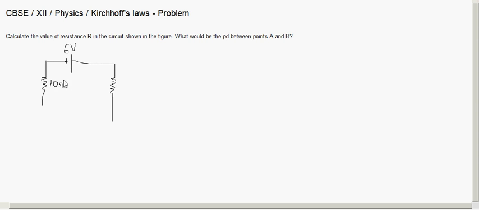Then we have another source of 2 volt. And we have our unknown resistance R, and the value of this resistance is 15 ohm. We have other resistances connected like this.